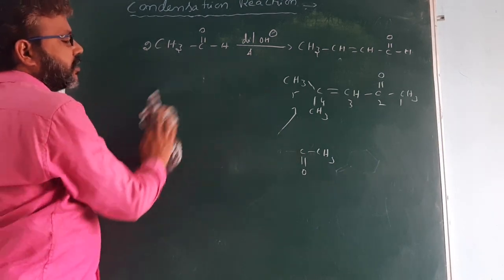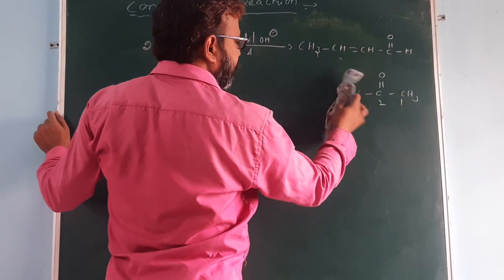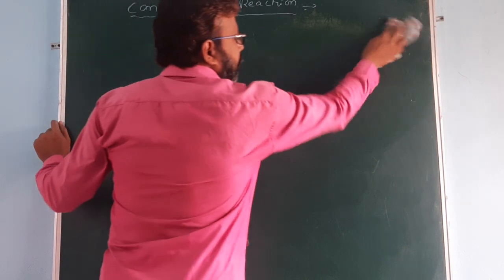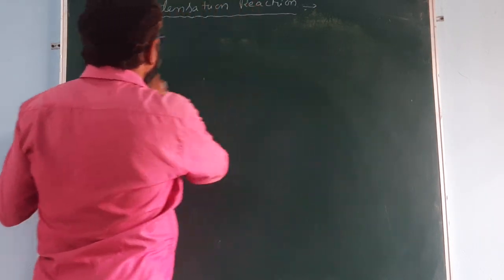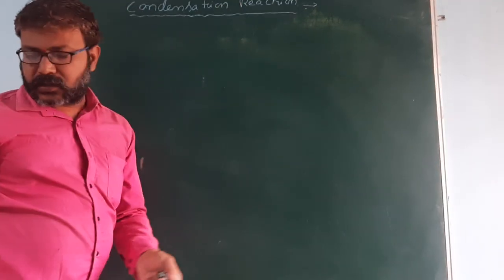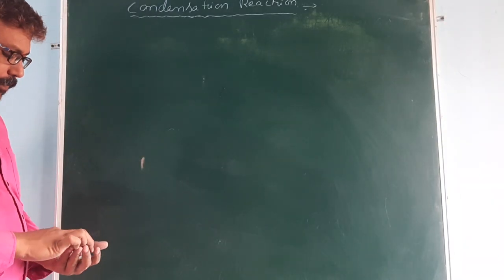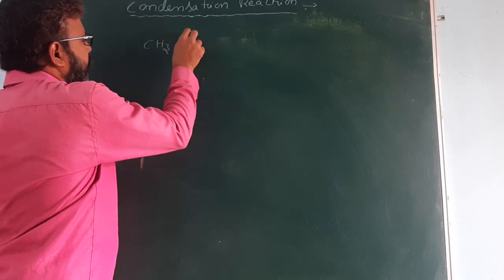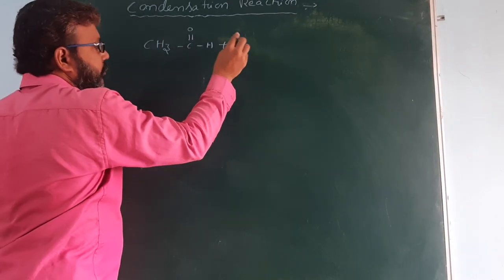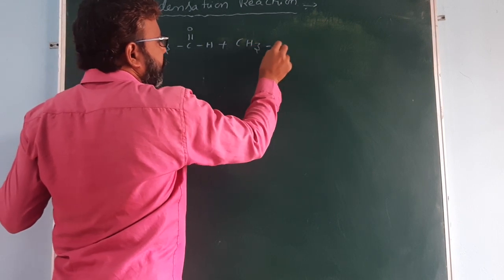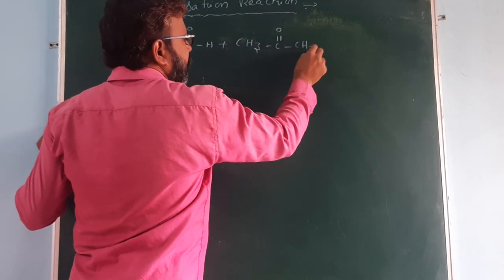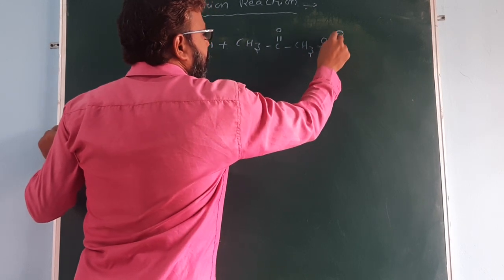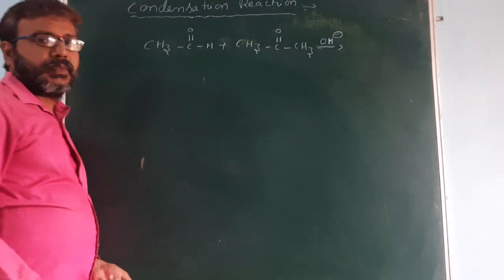Now the second one is crossed aldol condensation. In crossed aldol condensation, for example, 1 mole acetaldehyde reacts with 1 mole acetone in presence of basic medium, in presence of dilute alkali medium.